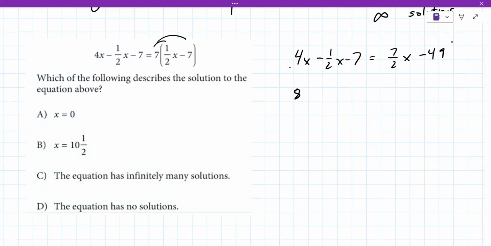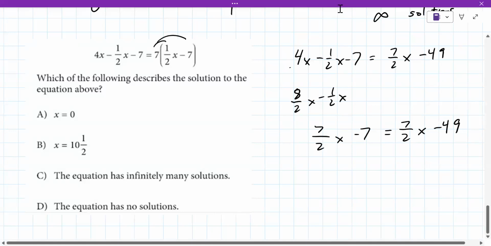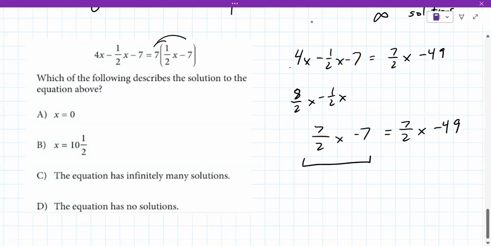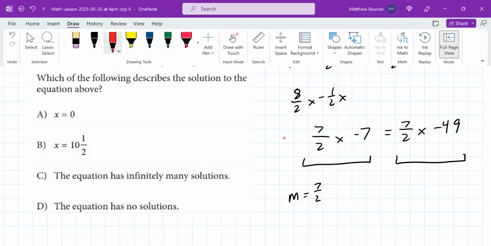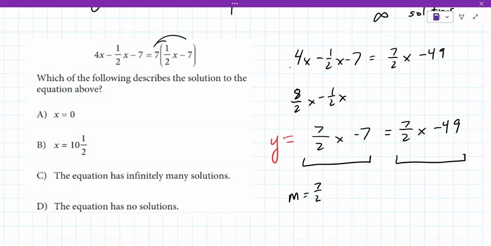So it ends up being 8/2 x minus 1/2 x, which is 7/2 x minus 7 equals 7/2 x minus 49. Now, the thing that's not good here is that if you look at one side versus the other, the left side has a slope of 7/2, if you imagine this as y equals, and the same thing over here.